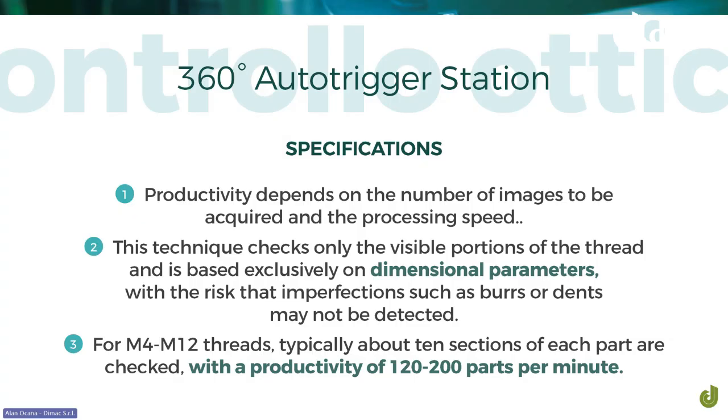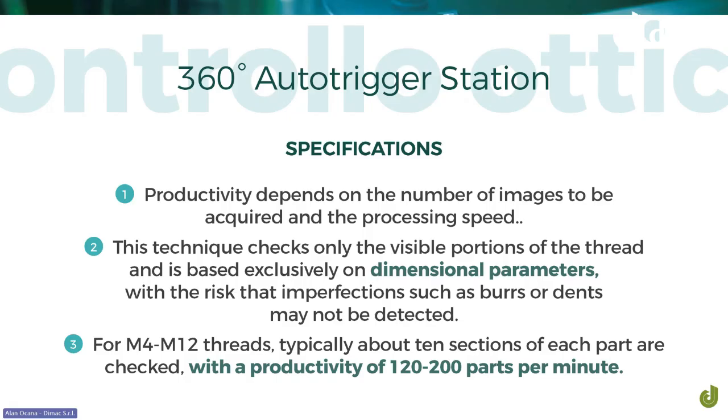This inspection method only covers the visible portions of the thread and relies exclusively on dimensional parameters. That means there's still a small but real risk that certain imperfections like burrs or surface debris might go undetected.